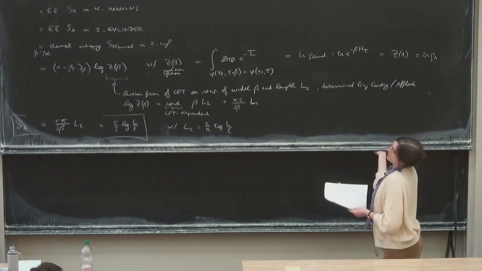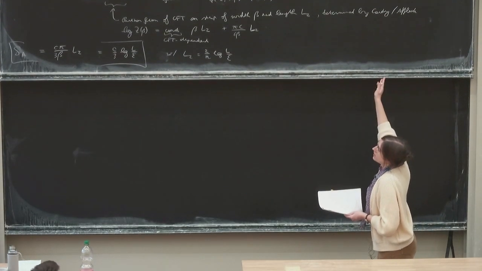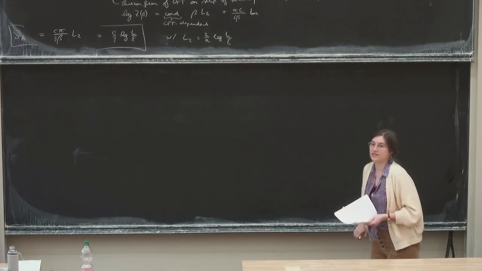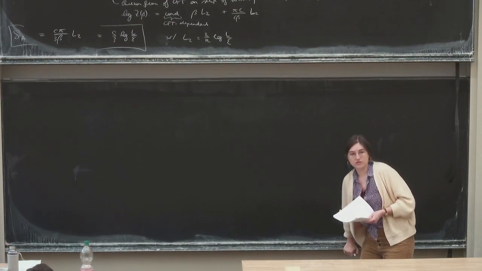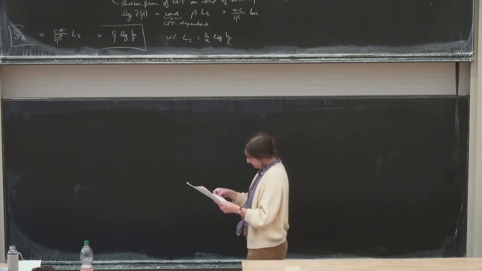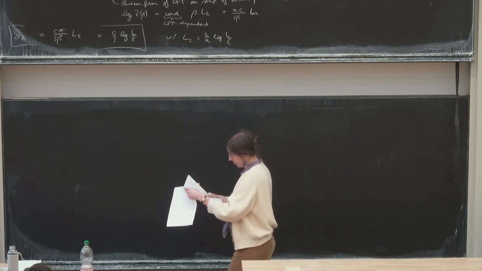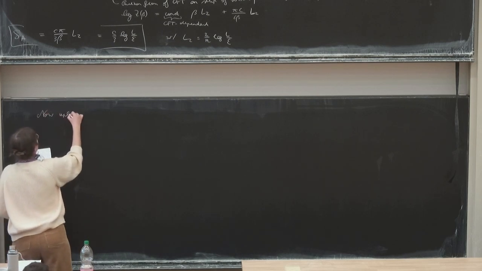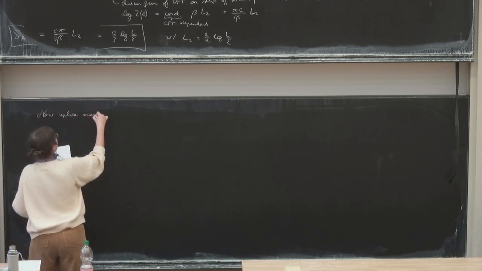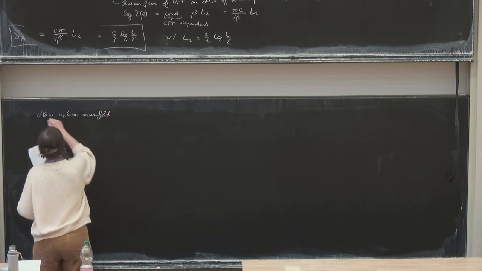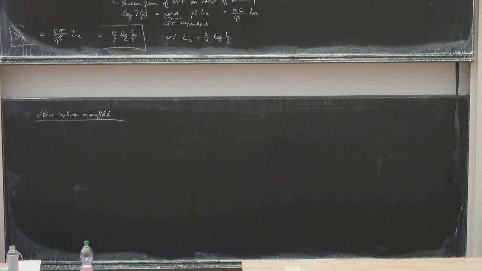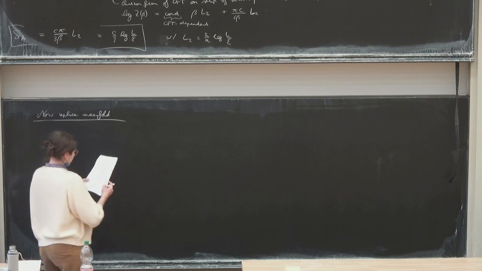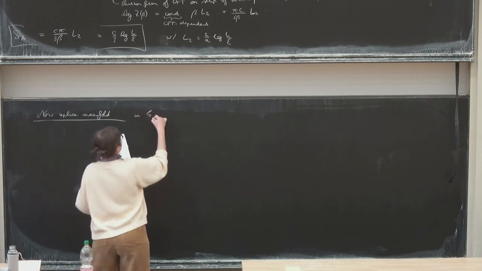So let's try to understand why this gives us the same result as the replica trick. Now we go back to the replica manifold, but we'll write it for each of these conformally related descriptions, okay?